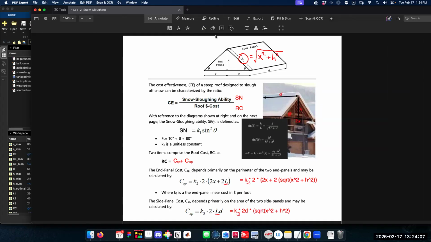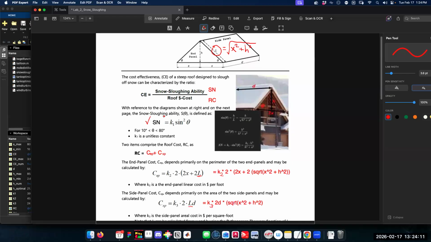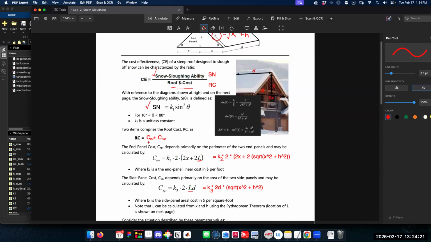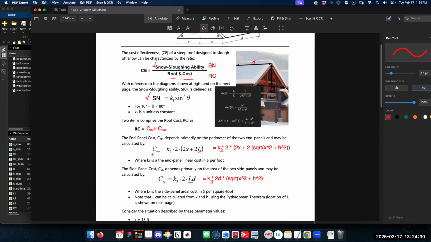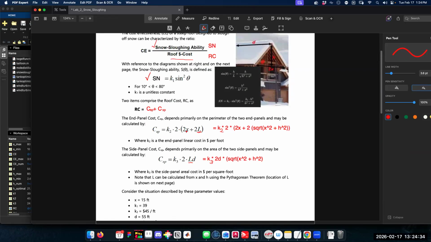Okay, so we covered how to simplify the numerator, and then we have to cover how to make the denominator. The denominator of roof cost is cost of EP plus cost of SP, that's end panel plus side panel. So they define it here. CEP equals K2 times 2 times 2x plus 2L.